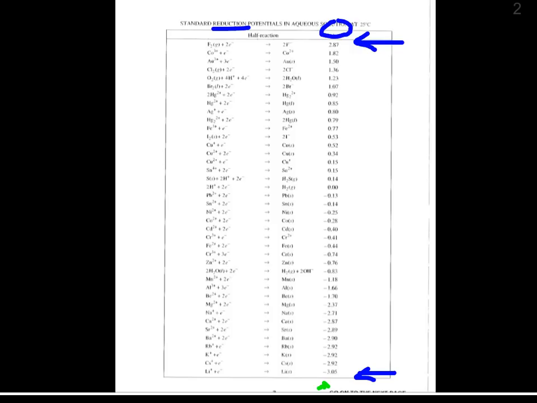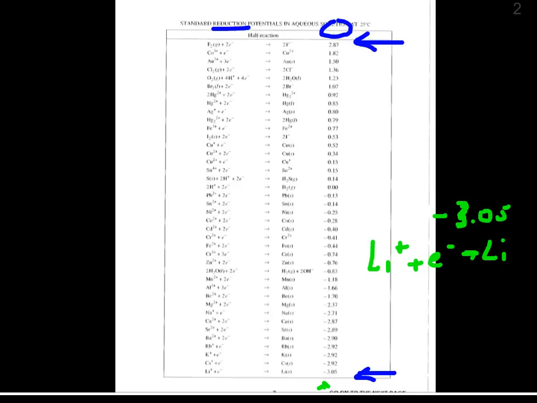Now remember, these are all written in the form of reduction, where you're adding electrons. So in reality, this lithium at the bottom, where it's Li plus an electron going to lithium, where the value is given as a negative 3.05, in an electrochemical cell, that lithium is going to want to be oxidized.